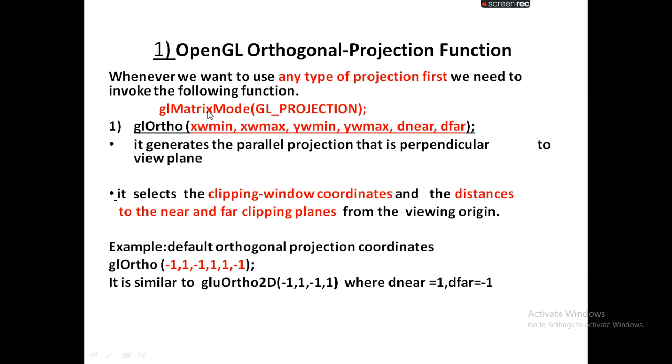So here we are using one function called glMatrixMode. This glMatrixMode OpenGL function defines which type of projections you would like to use in your OpenGL program. Either you can use parallel projection or you can use perspective projection. First you need to execute glMatrixMode and pass the symbolic constant GL_PROJECTION.